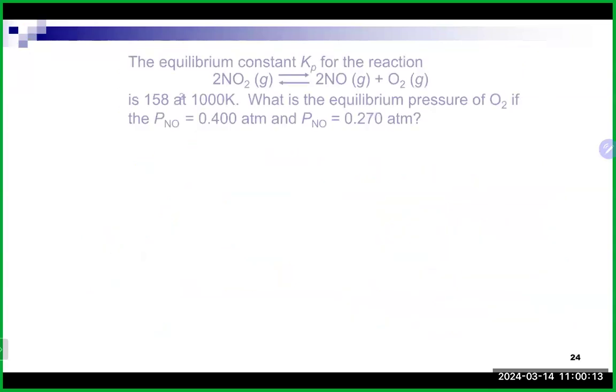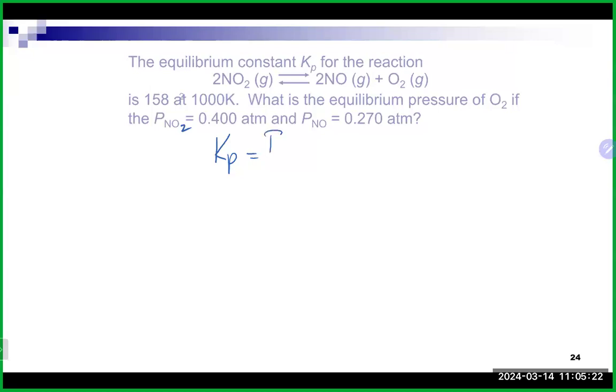All right, so let's try another one here. I'm just going to go with this one as NO2. I don't know if it's changed on your paper or not. Since we're getting to the end here, clearly we're given the KP, so we'll start with our KP expression.